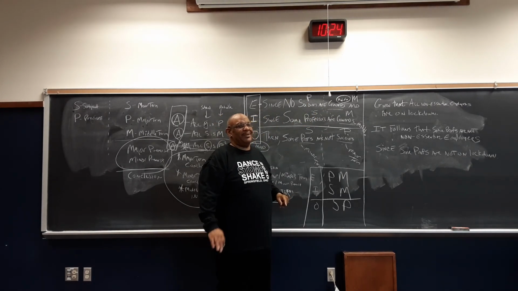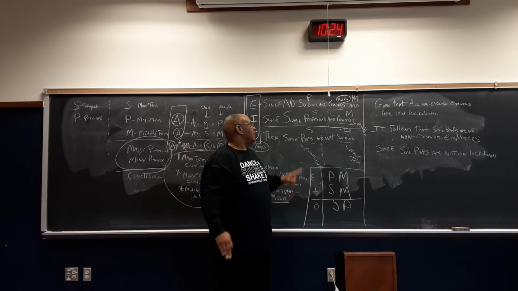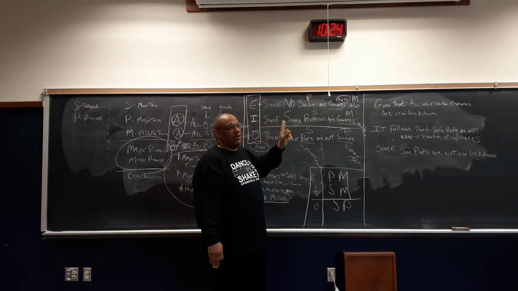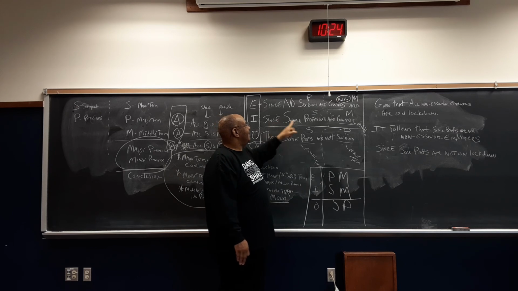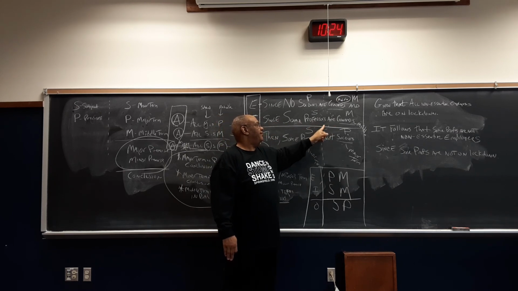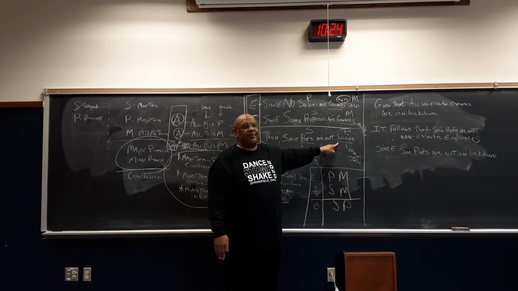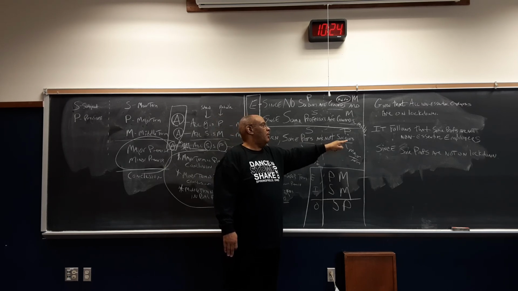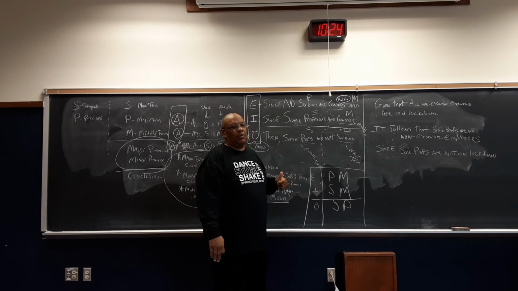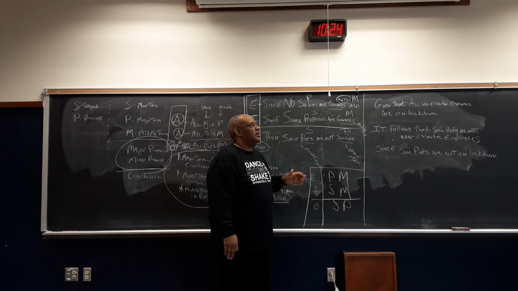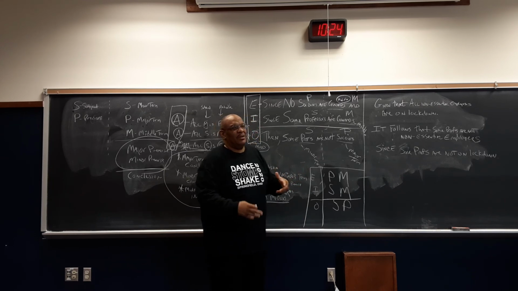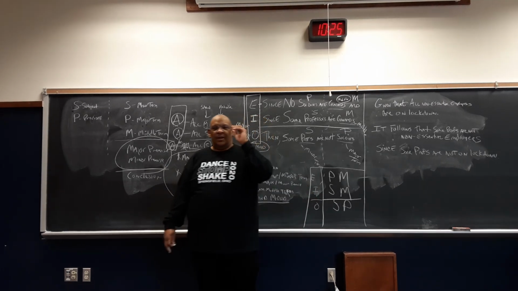I know I'm jumping, but I just want you to see where you got to go. The I proposition distributes neither one. So in the I, neither one of these are distributed. In the O, the predicate term is distributed, right? So the predicate term soldiers has distribution within this O. So this is why this stuff is going to come together in my last lecture after I take this break.